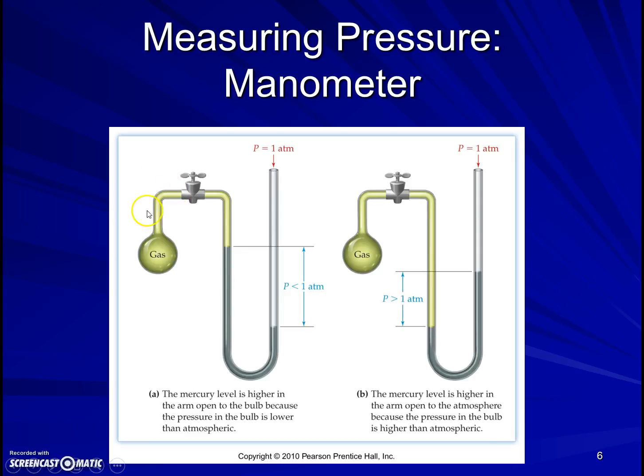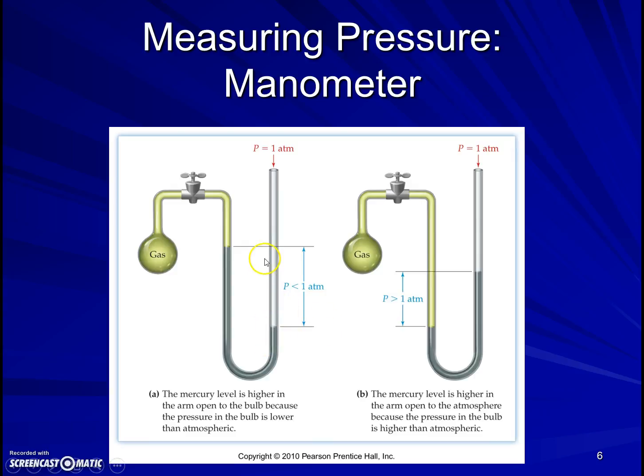If we open up the valve, let's pretend this is the valve stem, open up the barrier between this and this tube of mercury, the amount of pressure that's in this gas will press against this side of the mercury, and atmospheric pressure presses against this side. So on this particular manometer, we notice that the gas pressure inside of the container is less than the pressure outside. That would be a very, very flat tire if this were a tire.